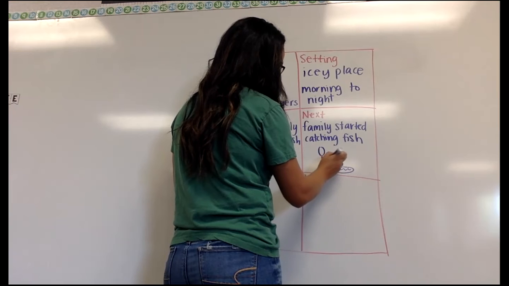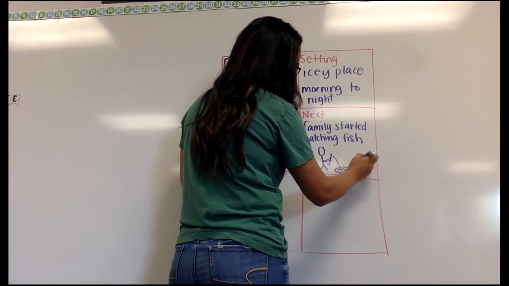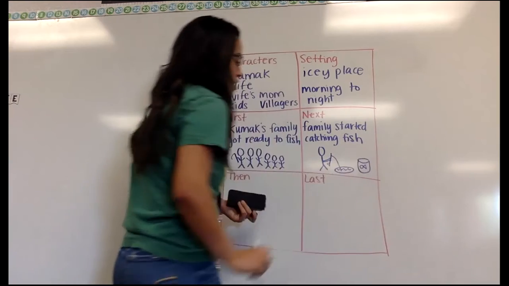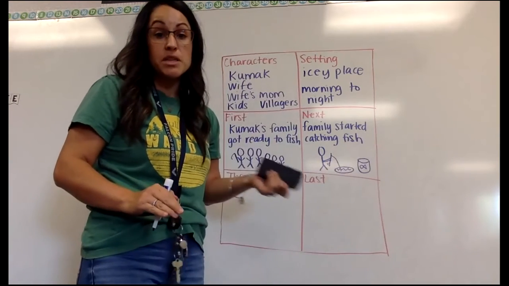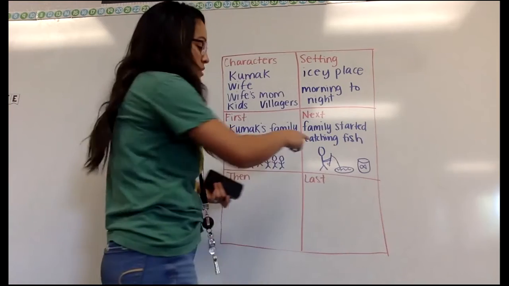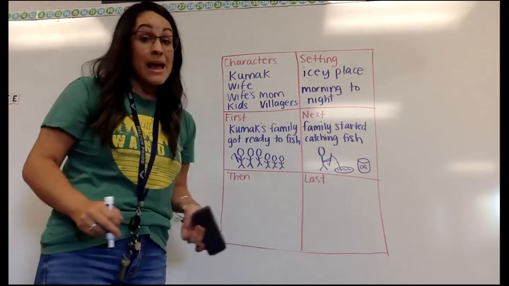And then you're holding the fishing pole. And then it's in the water, and then maybe they have a bucket of fish over here. Something simple, right? Okay. We never want to spend too much time on these pictures. It's just to give us an idea of what happened. Okay, so we can clearly tell that somebody has caught a fish here. Okay. Then what happened?